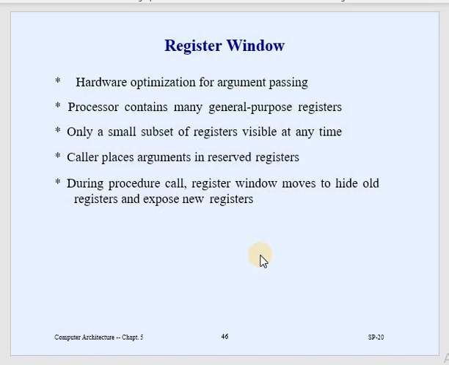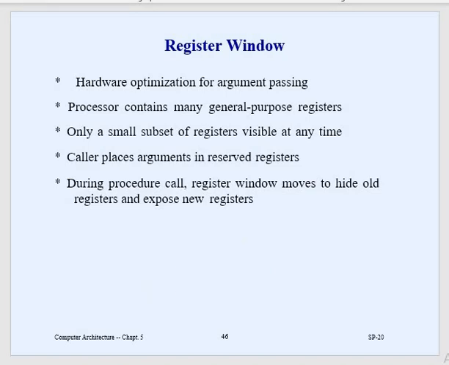The caller places arguments in reserved registers, and during a procedure call, a register window moves to hide old registers and expose new registers.